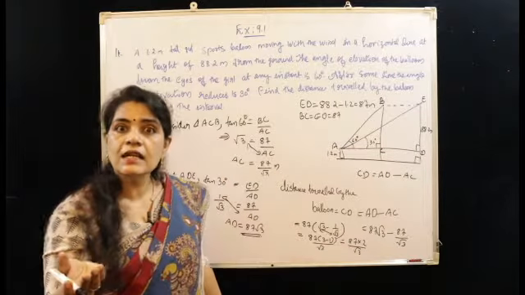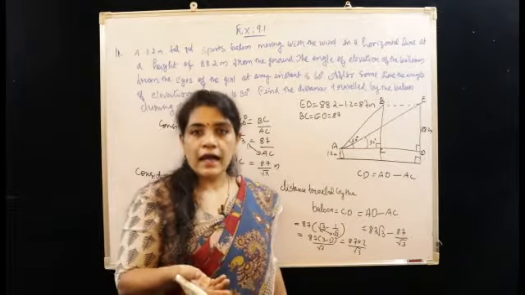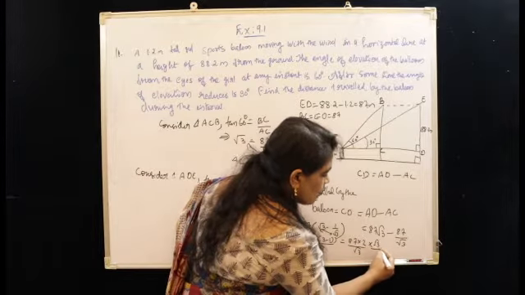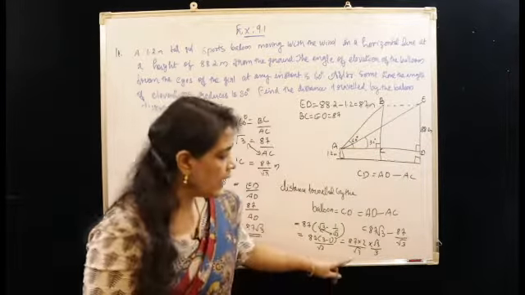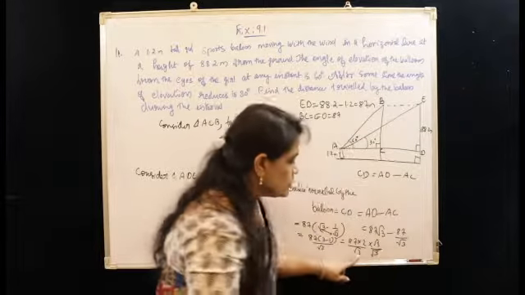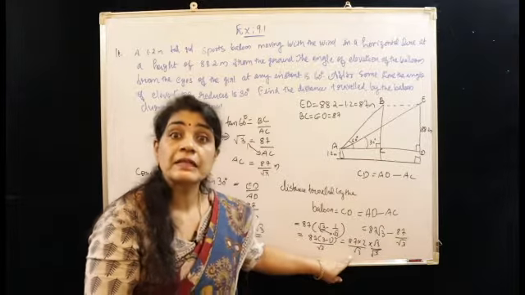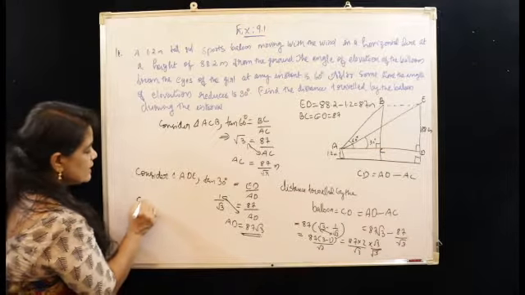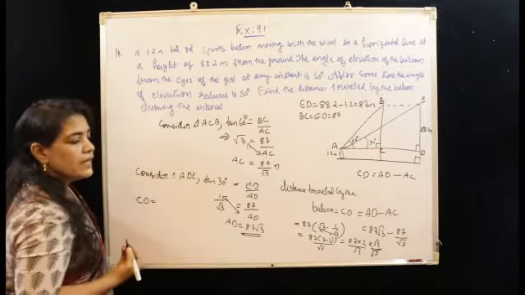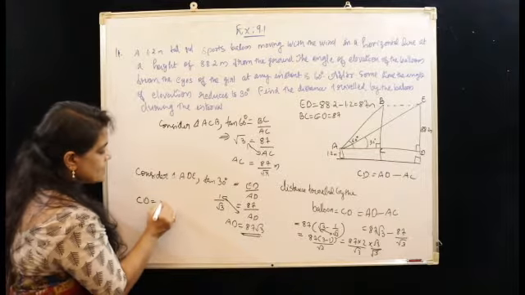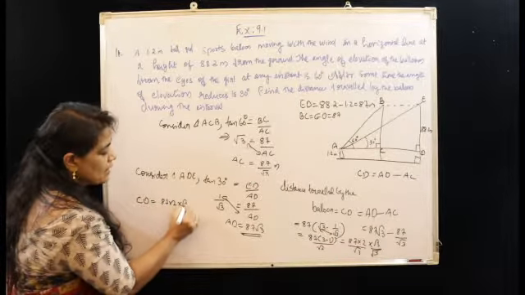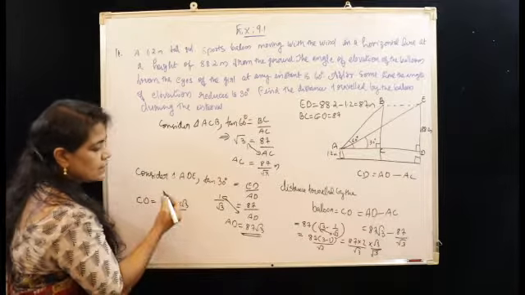Since root 3 is an irrational number, you have to rationalize by multiplying and dividing by root 3. So root 3 and root 3 become 3. In the next step, CD, the distance travelled by the balloon, CD equal to 87 into 2 into root 3 divided by 3.